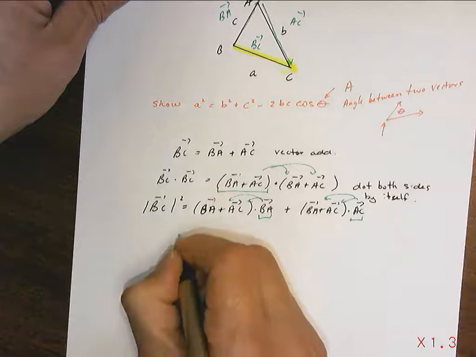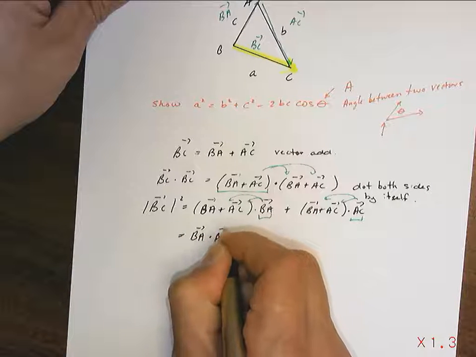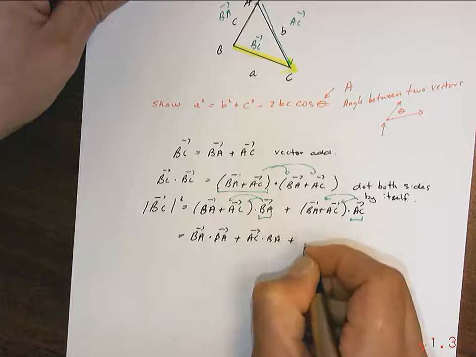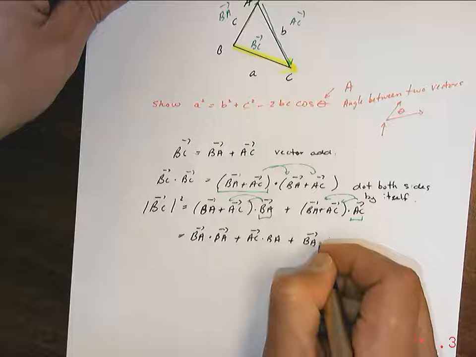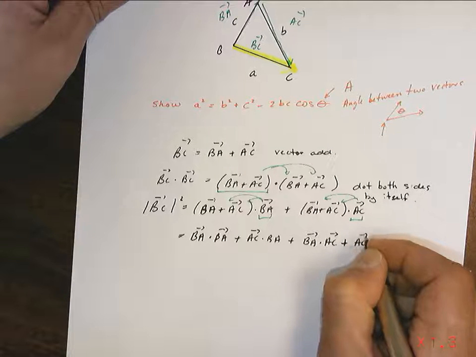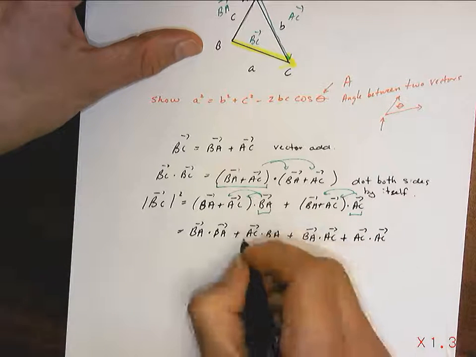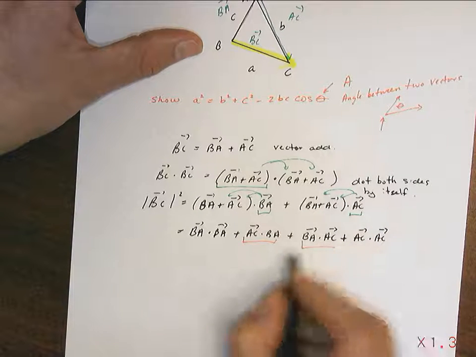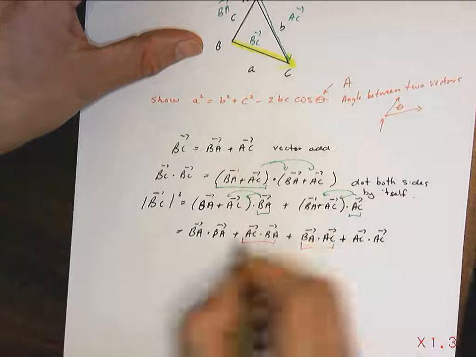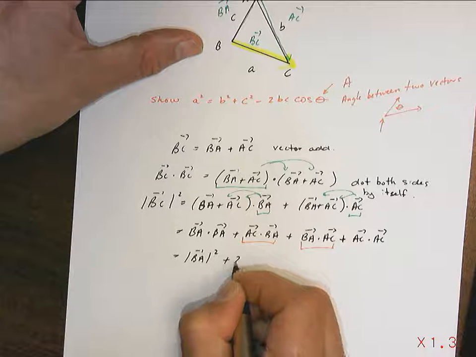I'm going quickly because we've been through this already today, at least twice. Okay. Now this is the commutative property. AC dot BA is equal to BA dot AC. So this gave us two of these.